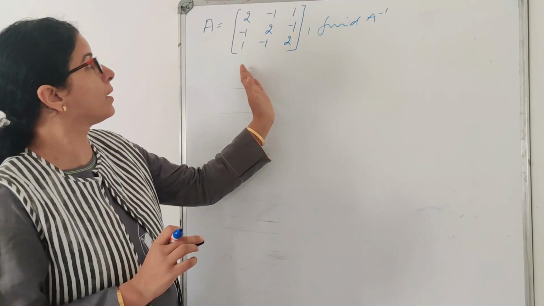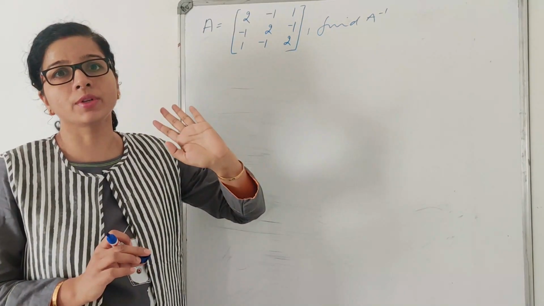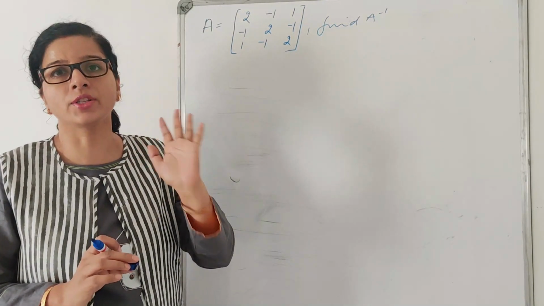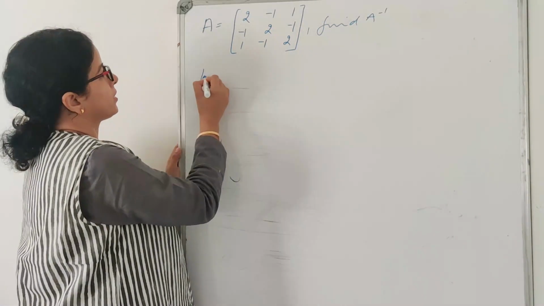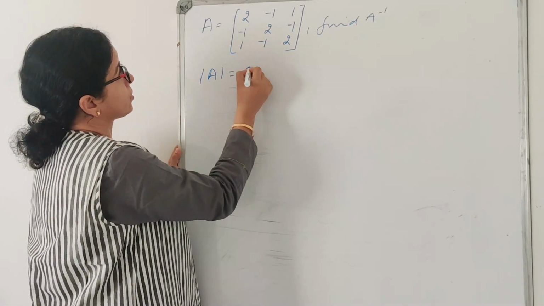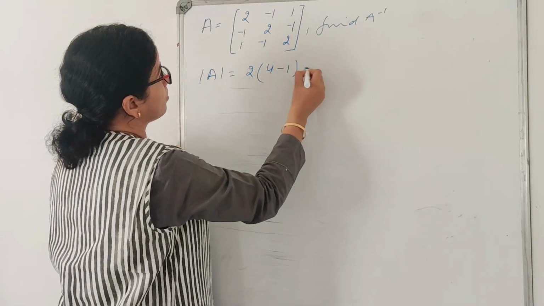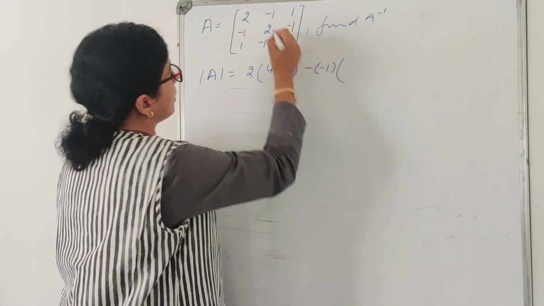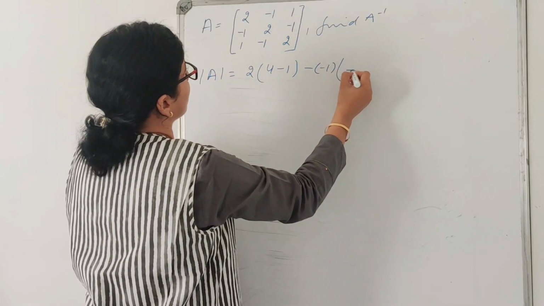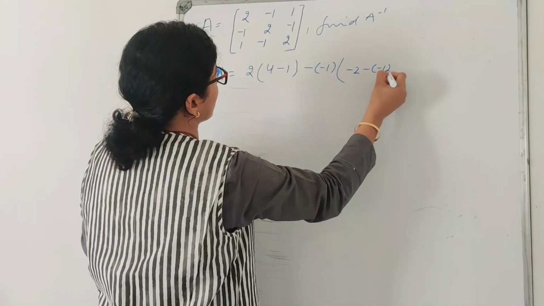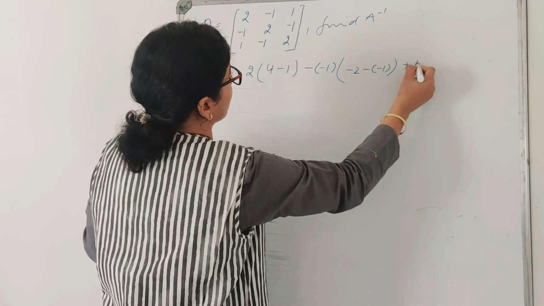So now this is my 3 cross 3 matrix and I have to find the inverse. So first, again, determinant. Okay. Determinant of A. So 2, leave the corresponding row and column, 4 minus 1, minus of minus 1. Leave the corresponding row and column, minus 2, minus of minus 1. Plus 1.